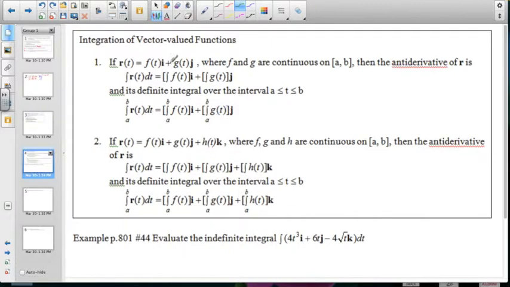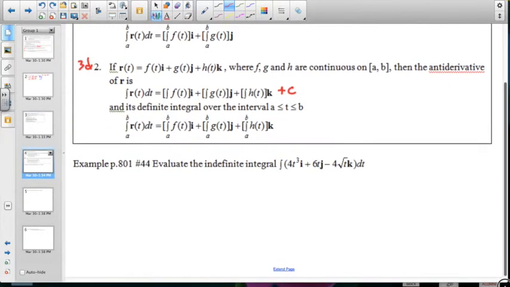For indefinite integrals, then of course we're looking at adding a constant of integration here. Likewise for 3 dimensions, so this is 3D and this is 2D. And so we'll talk about that constant of integration as we progress through these examples.